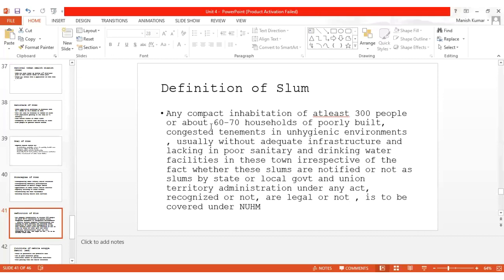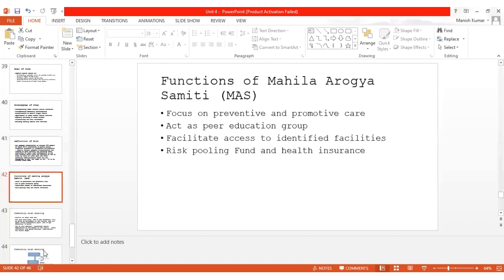Whether they are legal or not, recognized or not, they are to be covered under NUHM. So NUHM says, whether they are legally identified or not, whether they are recognized by any government system or not, if they have 300 people or 60 to 70 households, as per definition they are supposed to be identified as slums for UPHCs.